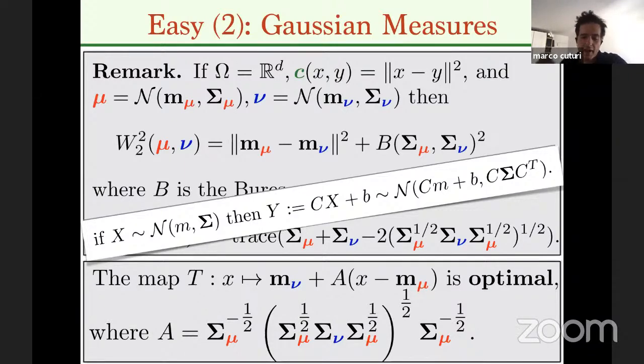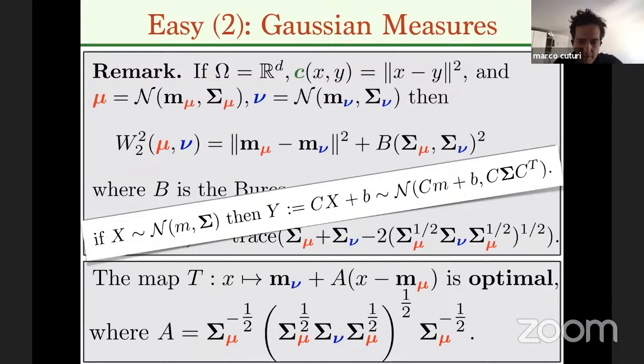Now, if I had a white blackboard, I would basically show you that this mapping here is essentially such that if I take X to be distributed according to the first measure, the first Gaussian, then this affine transformation of X will be distributed exactly according to this second Gaussian.